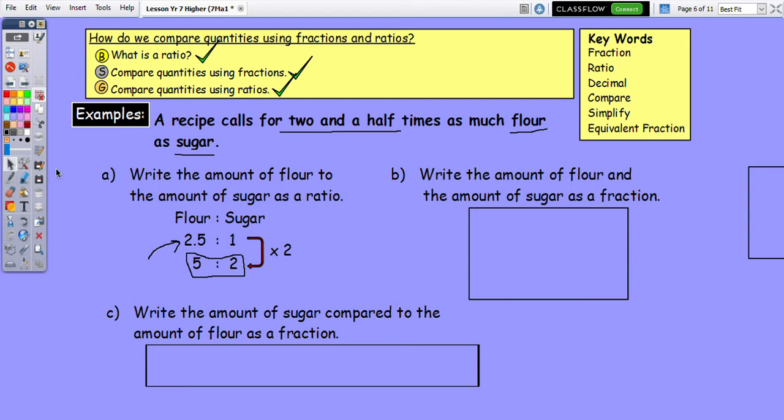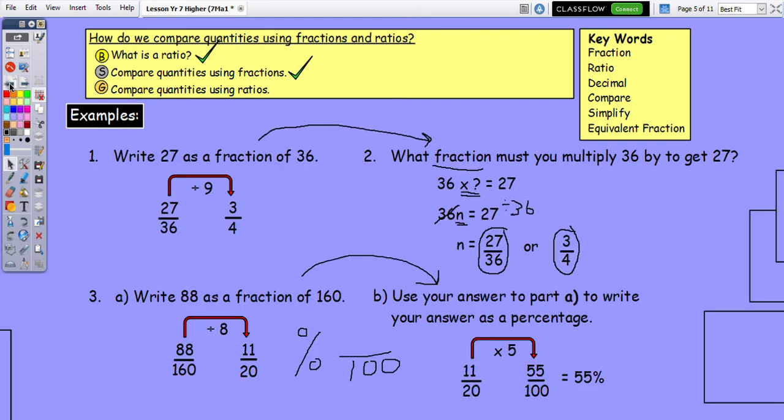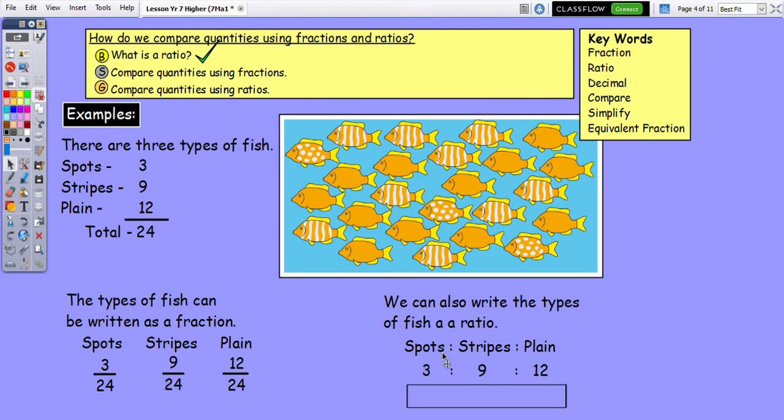Good. Now, there are 2 different types of questions that involve these numbers that you could be asked. Hopefully, I've tried to word them so that it makes sense. It says write the amount of flour and the amount of sugar as a fraction. So all I've got to do is convert this back to a fraction, thinking back to our initial questions here.